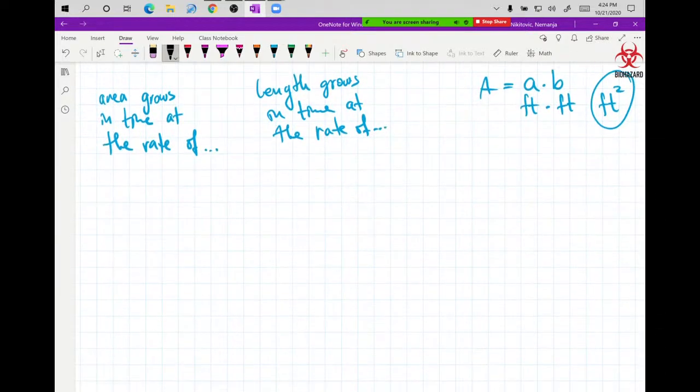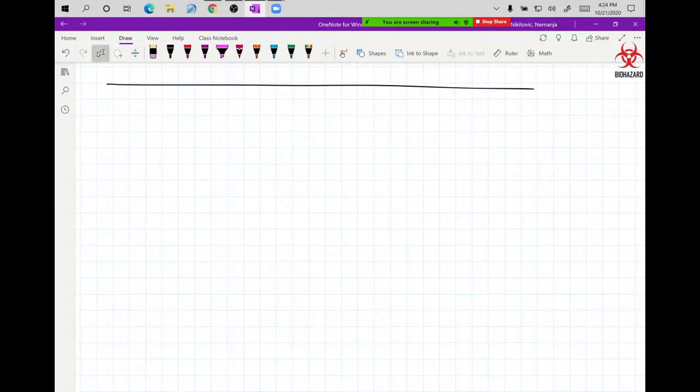So if I am to see, without knowing the context of the question, without reading the question, a number written as, let's say, 0.3 meters per second, I know that this is some kind of length.